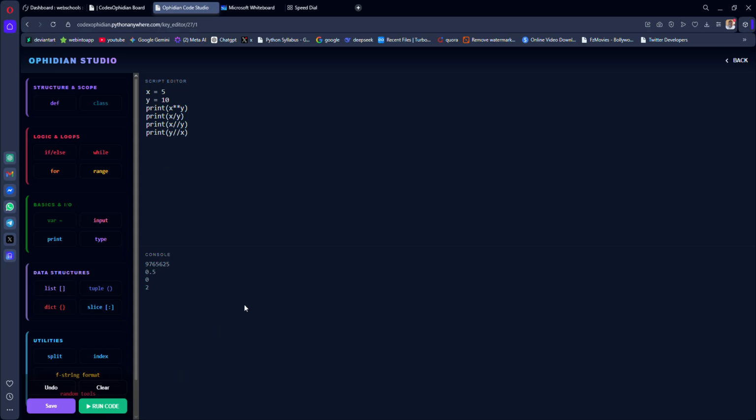Okay, so let's run the code again. 2. Interesting. 0 and 2. So that tells us if we do x all over y, it gives us 0.5. But the double slash gives us 0. If we do y all over x, we get different ones.